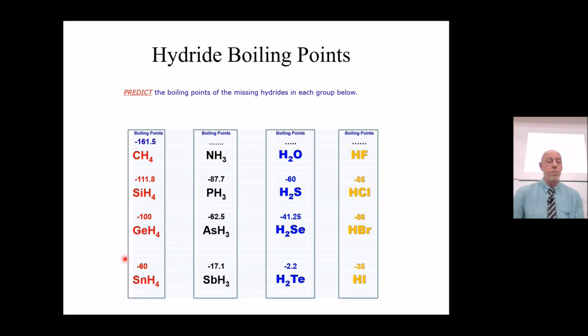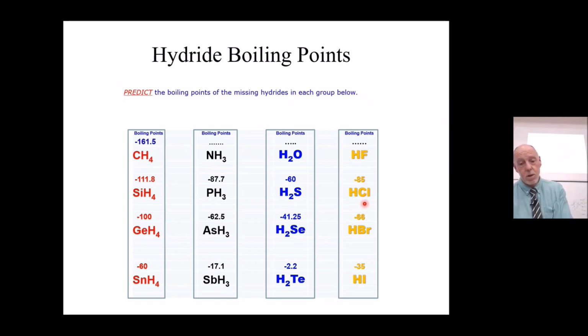They're elements in the fourth period. Now look at these ones. Nitrogen, phosphorus, arsenic, antimony. They're in group 5. And these ones are group 6. Oxygen, sulfur, selenium, tellurium.